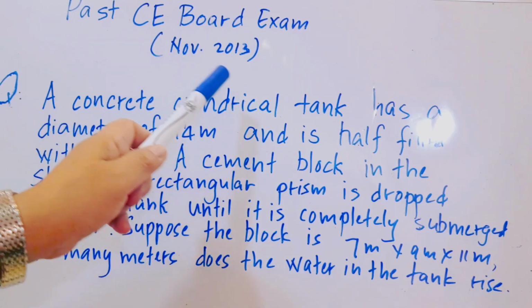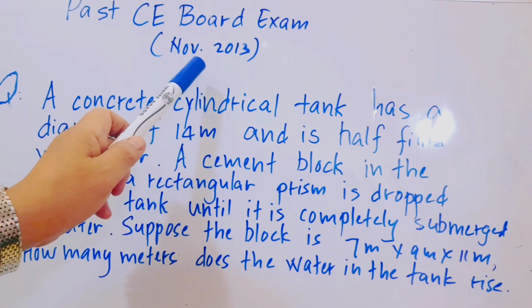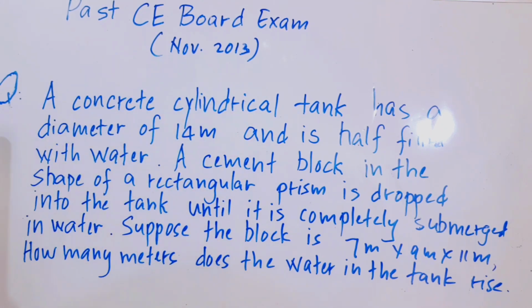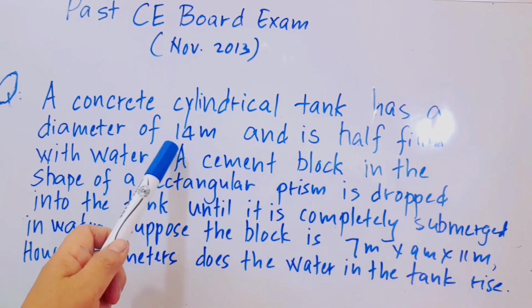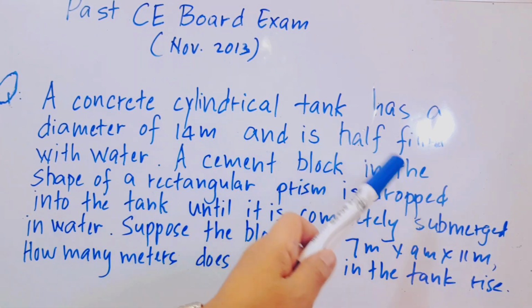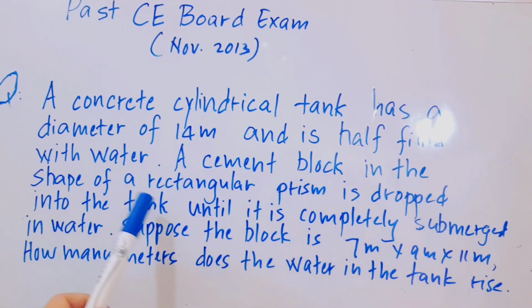Our past GE board exam, which was given last November 2013. The question: a concrete cylindrical tank has a diameter of 14 meters and is half filled with water. A cement block in the shape of a rectangular prism is dropped into the tank until it is completely submerged in water.